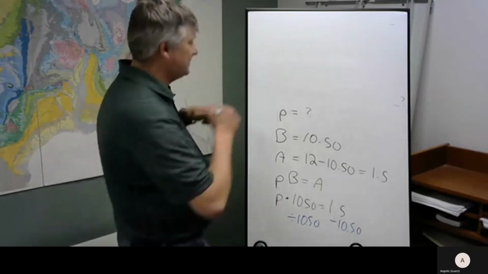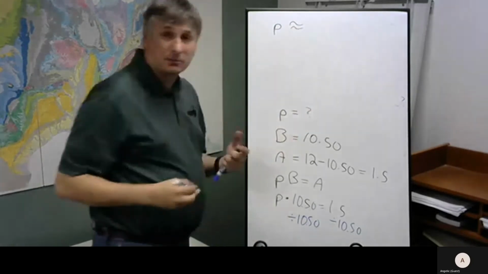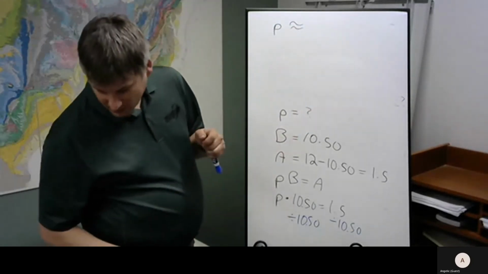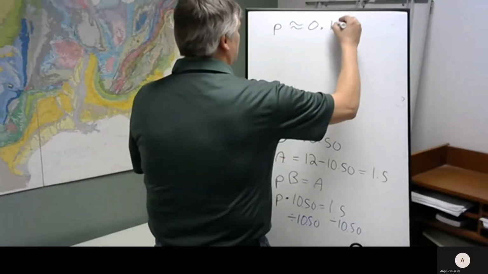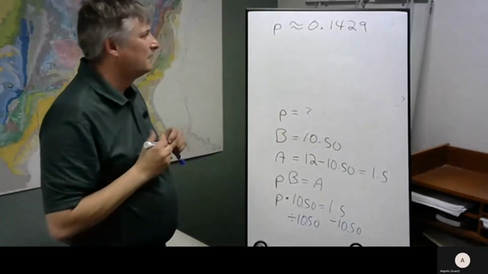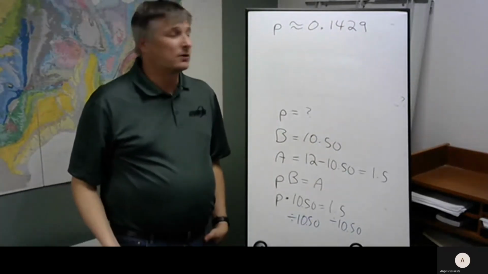And so what we're going to get is P is approximately, I'm going to round this off, about 0.1429. Now, again, this is the percent in decimal form.